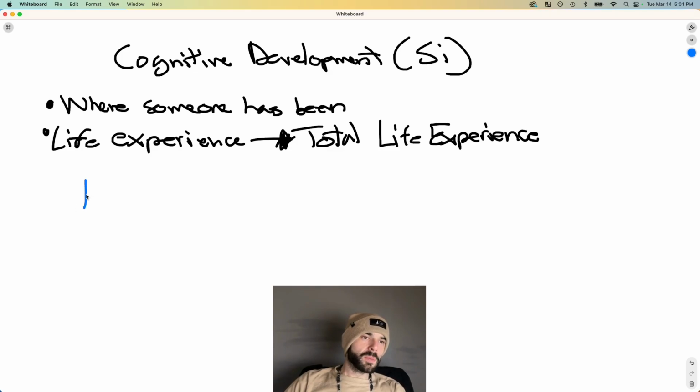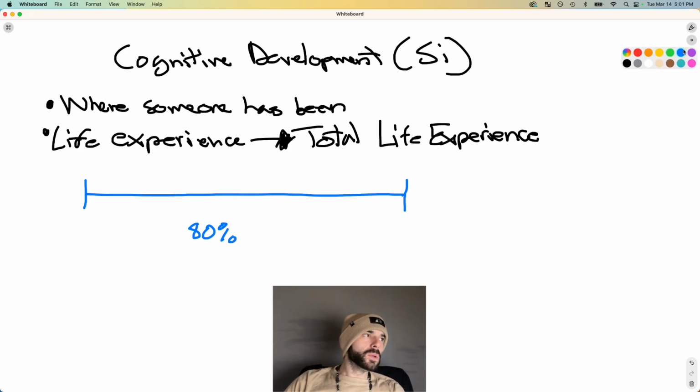So let's put down a timeline of somebody's life here. We'll represent it in blue, and let's just say 80%. And then let's do red, and this will be 20%.